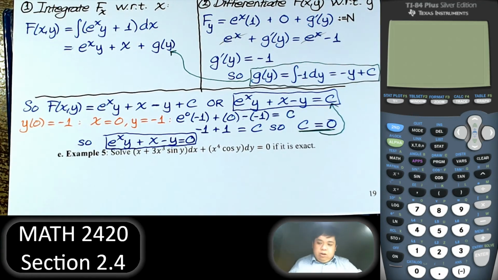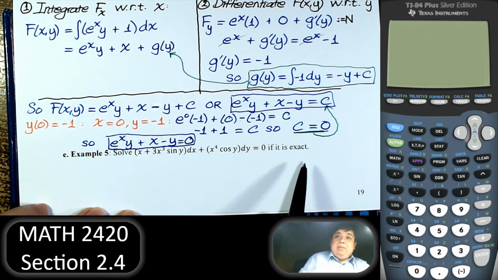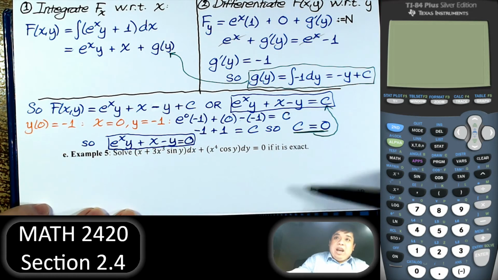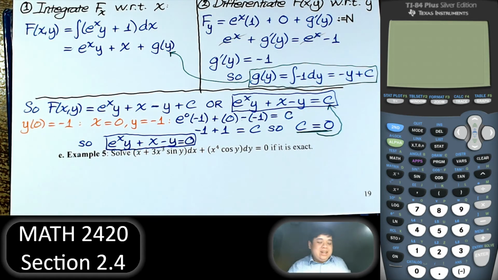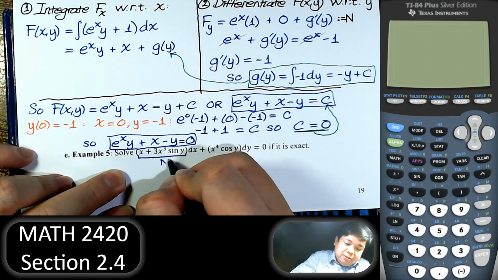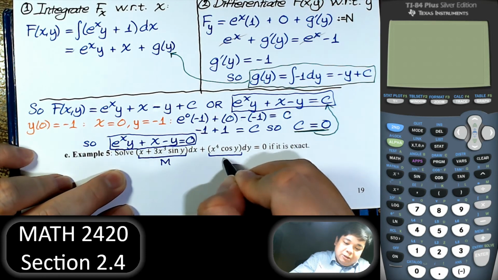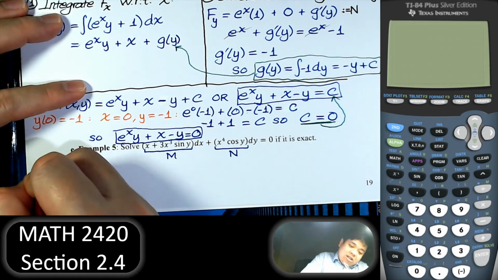Next, look at this equation. Solve this equation if it is exact. By the way, if we only have this much space, more than likely it is not exact, so we don't have to solve for it. That's why we only have this much space. Right. So first, I'll check for exactness.